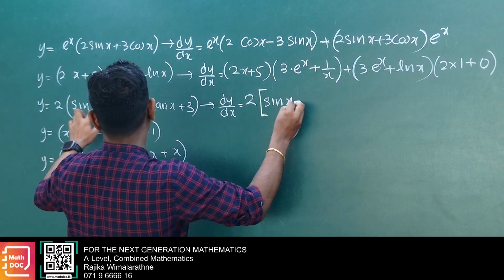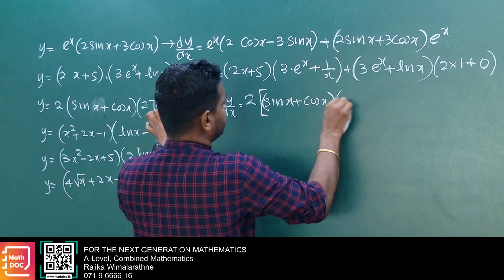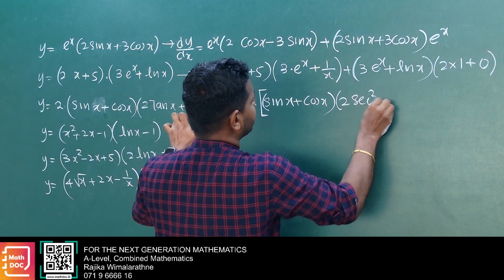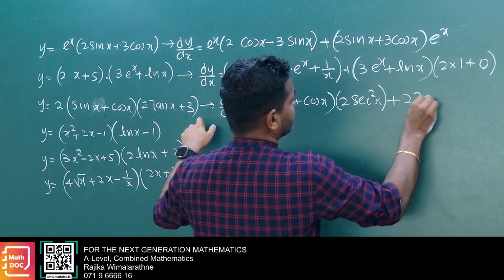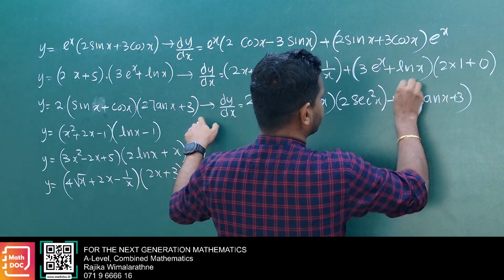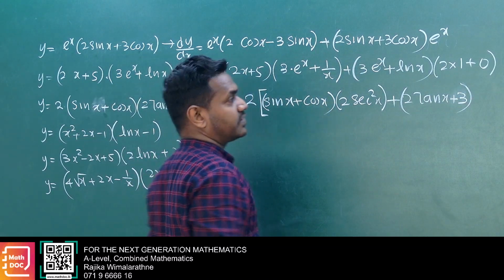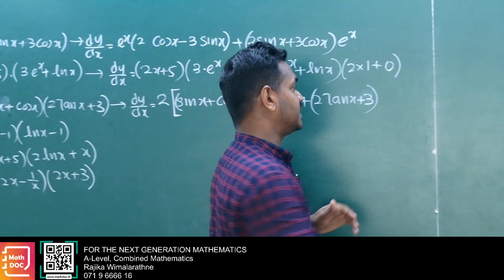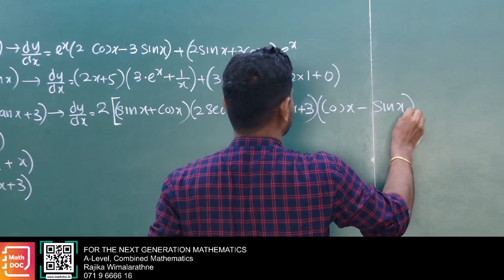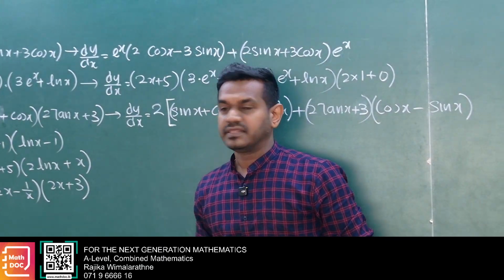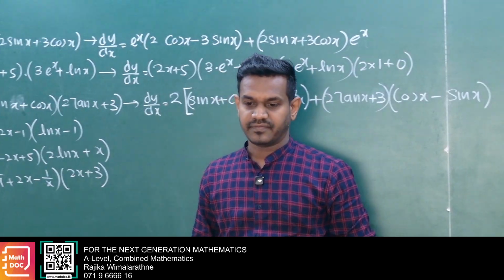Then within this bracket write (sin x plus cos x) times the derivative of this, 2 tan x plus 3, which is 2 sec square, plus (2 tan x plus 3) times the derivative of sin x plus cos x. The derivative of sin x plus cos x is cos x minus sin x. Okay. Then x square plus 2x minus 1 plus ln x.